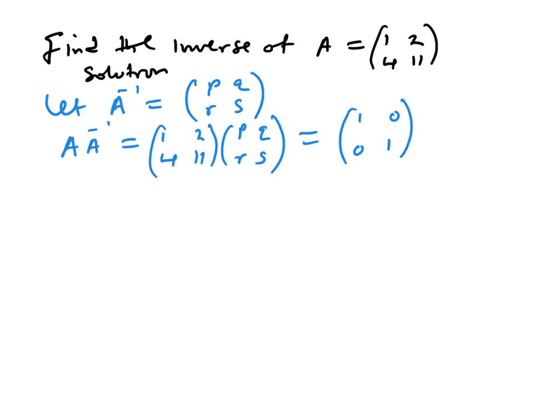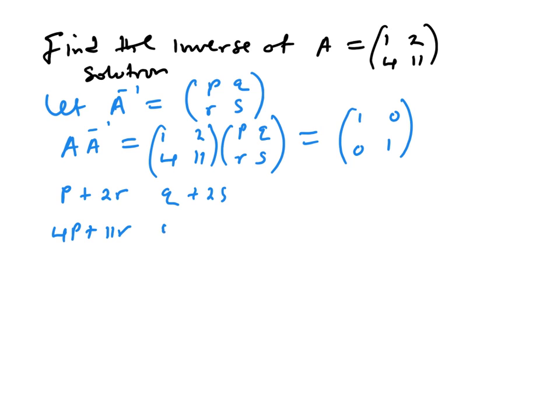Okay, so let's multiply. This is P plus 2R. Then I have Q plus 2S. Then this is 4P plus 11R.